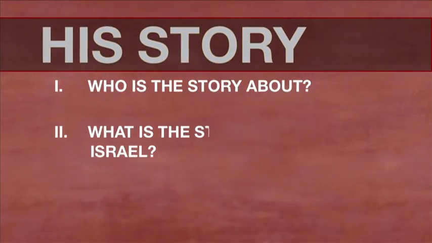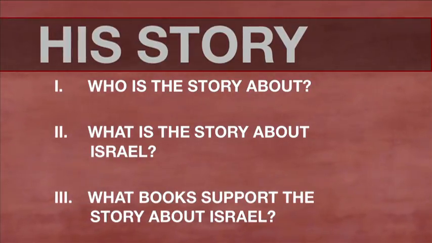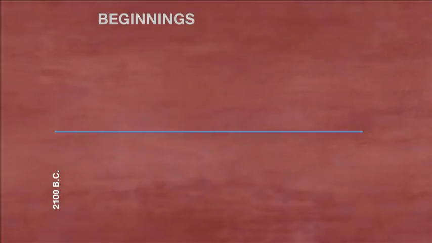Well, what's the story about this? The story is about Israel. And what books support the story of Israel? That's what we'll look at now. Beginnings. Go back to around 2100 BC.